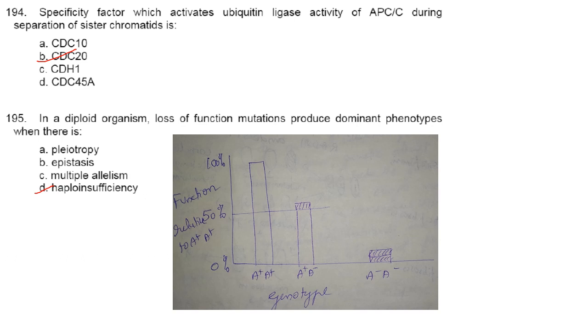So haploinsufficiency may arise from a de novo or inherited loss of function mutation in the variant allele such that it produces little or no gene product. Answer is option D, that is haploinsufficiency.